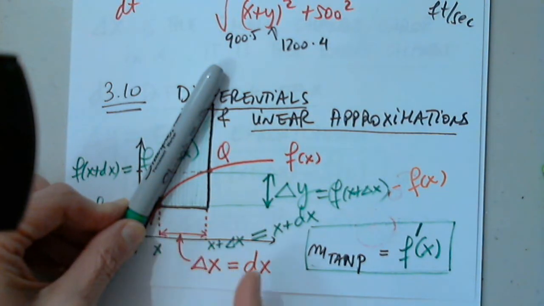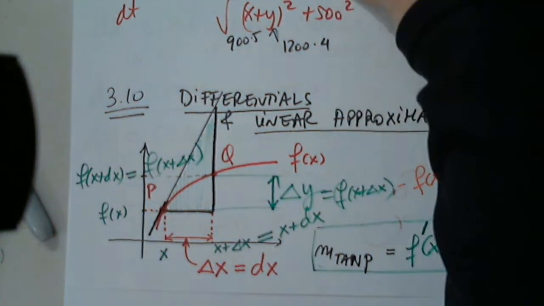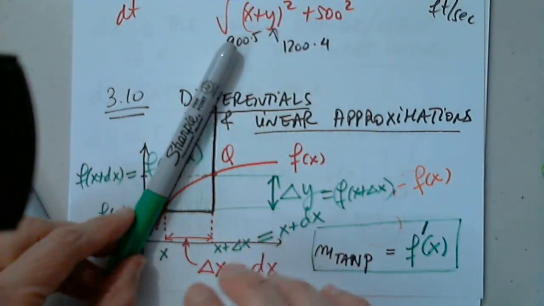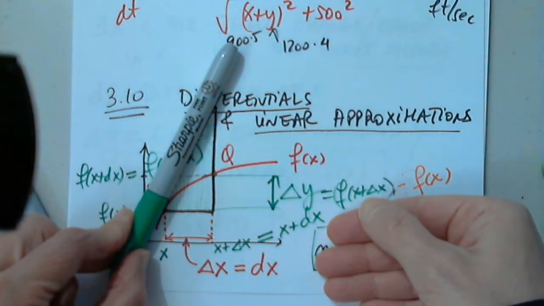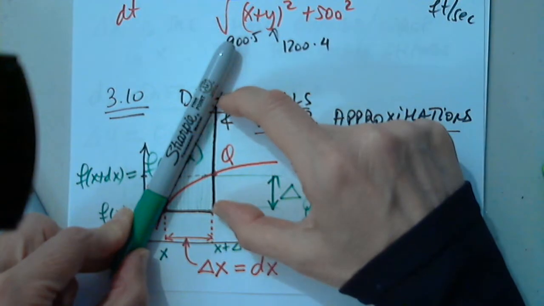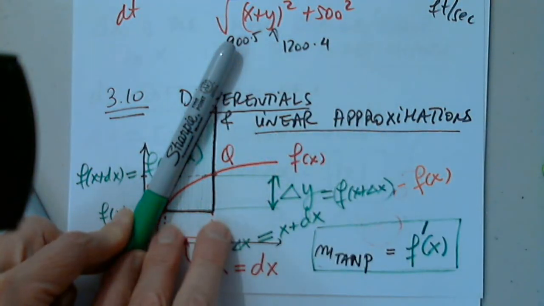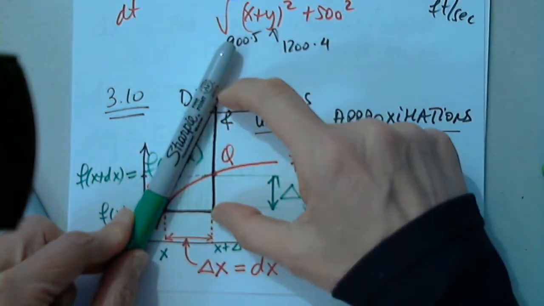What is the run? Delta x. Yes, but since I'm using the derivative, now I will use dx. Dx. Excellent. So can anyone tell us the slope of this line without the derivative? Rise over run, correct? The slope of this line, rise over run.